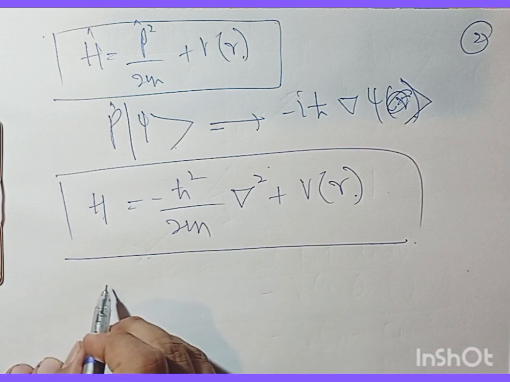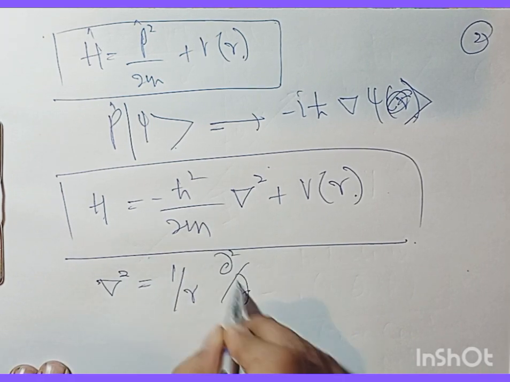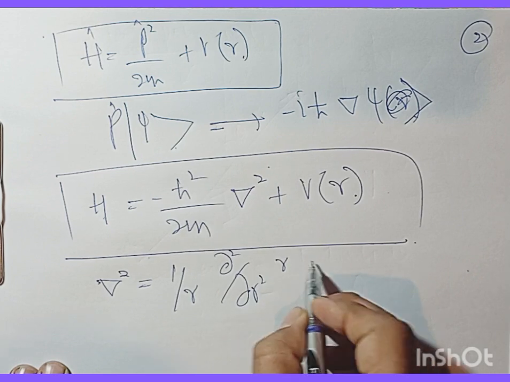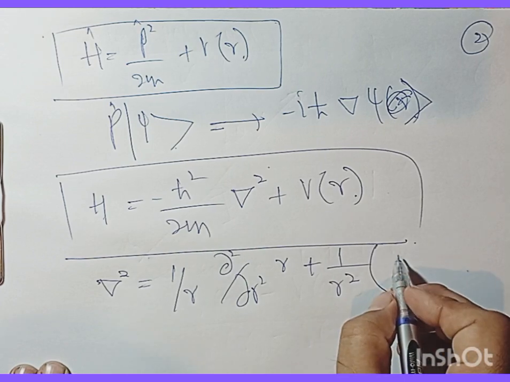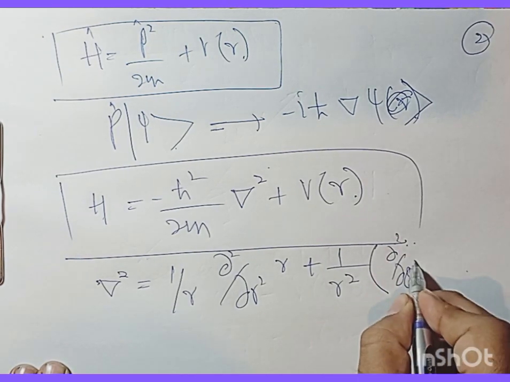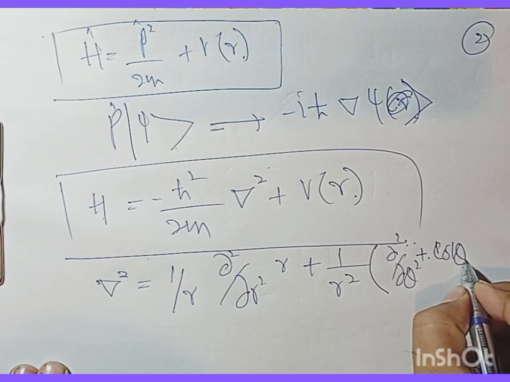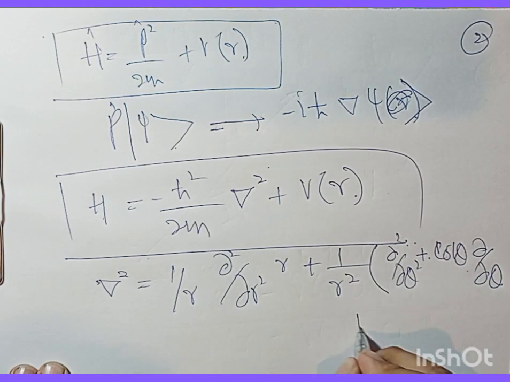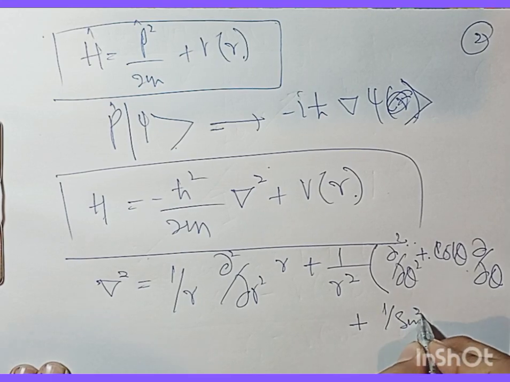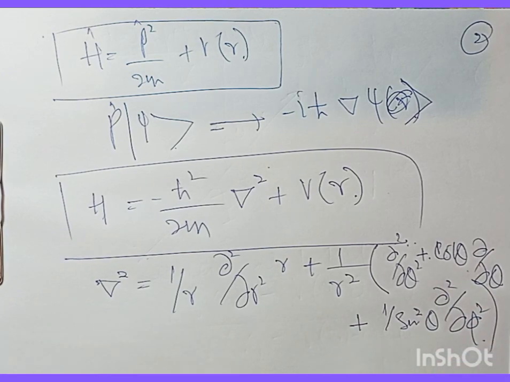Let me write it down: 1 by r, d2 by dr2 of r, plus 1 by r squared times d2 by d theta 2 plus cot theta d by d theta, plus 1 by sine squared theta d2 by d phi 2. All right, so this is my Laplacian operator.